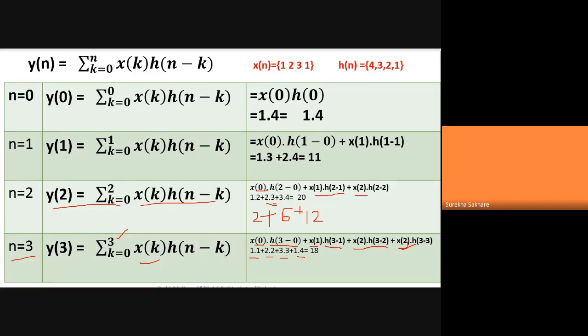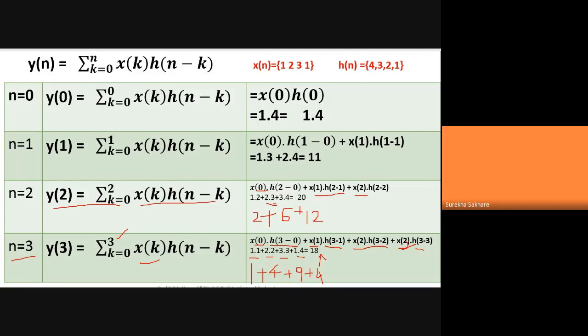Right? Now this one, X of 3 is 1, H of 0 is 4. See, 1 plus 4 plus 9 plus 4. Okay. This is getting you 18. Now the answer is getting 18.